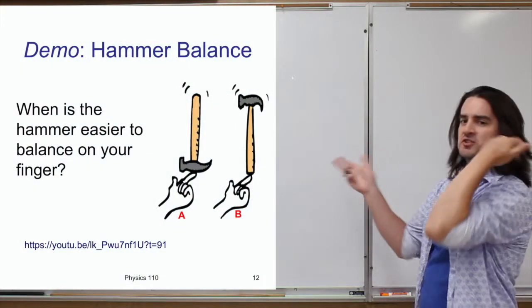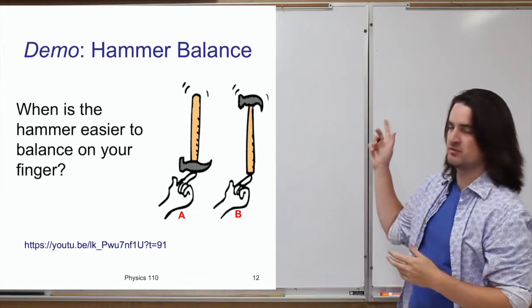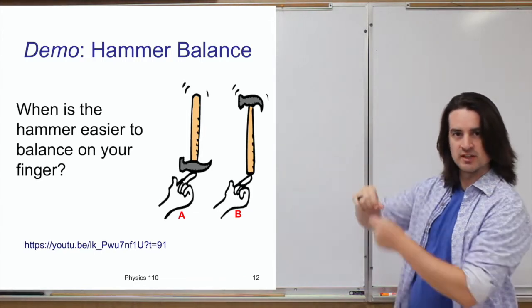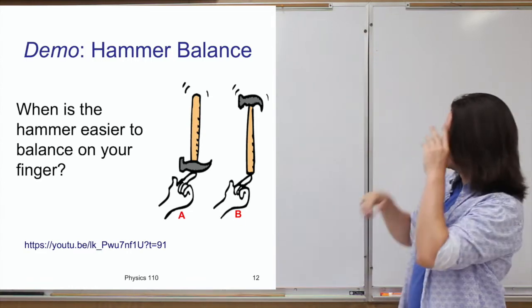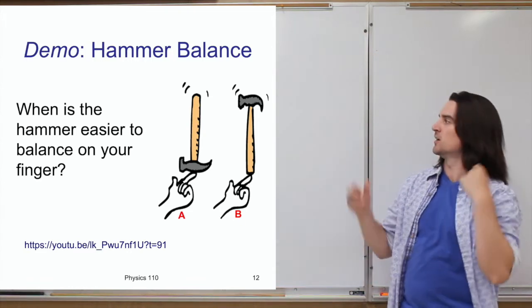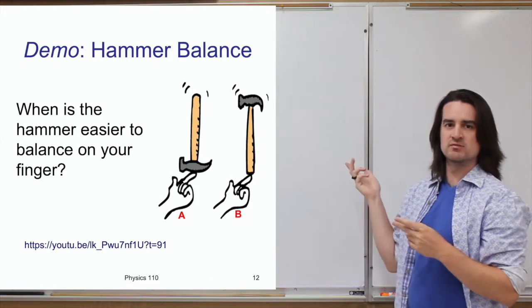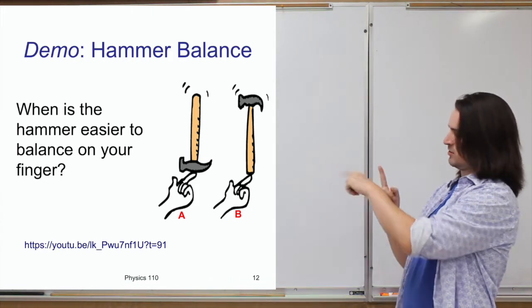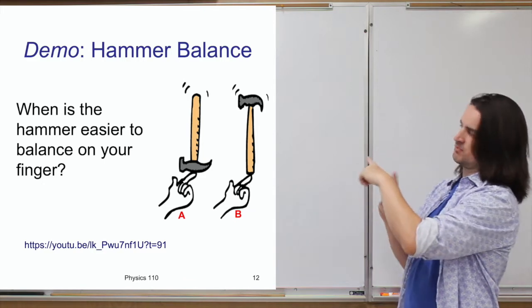Right, so which of these situations is easier to balance? Oddly enough, it's going to be situation B, right? When the heavy part of the hammer is away from you. The reason being is that, again, it's the same amount of mass. They're both rotating around an axis that's kind of going along the tip of your finger.